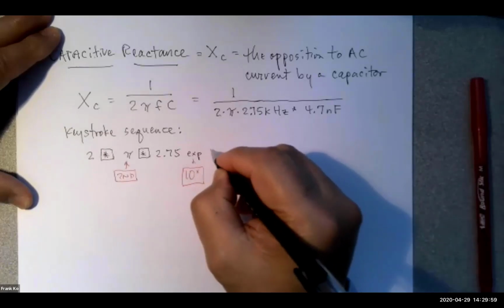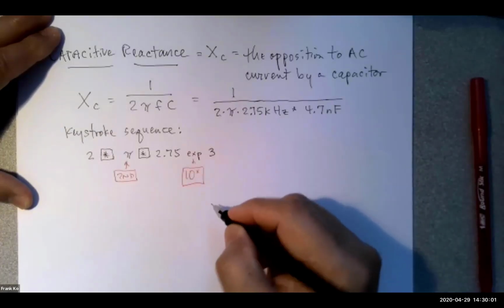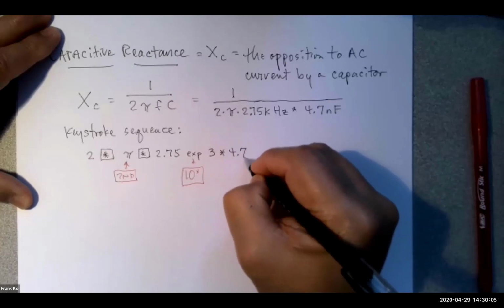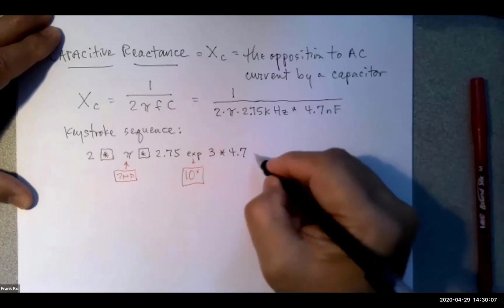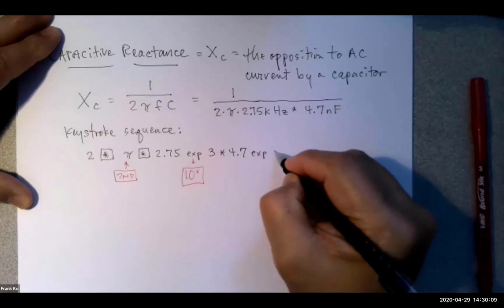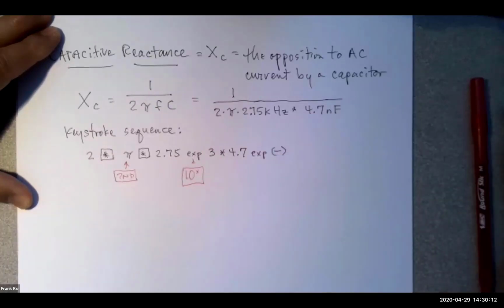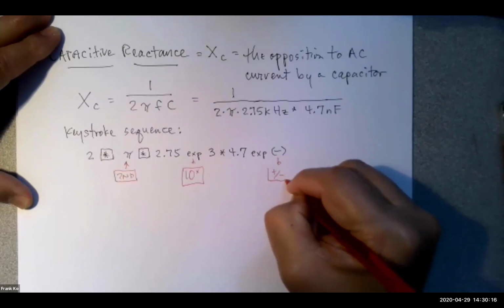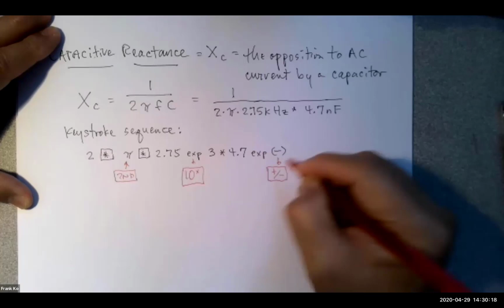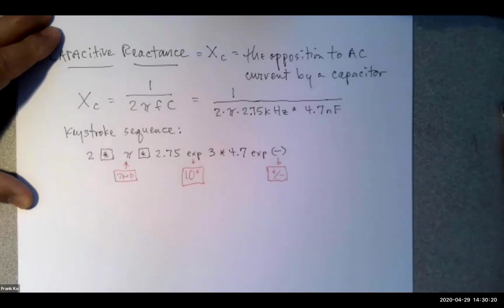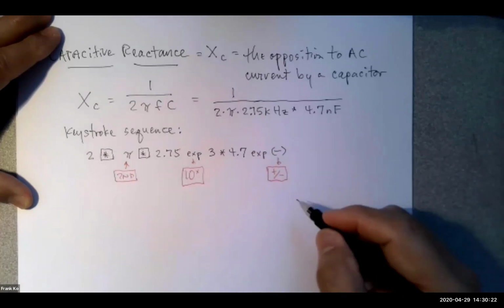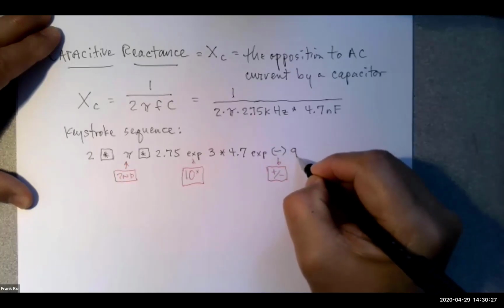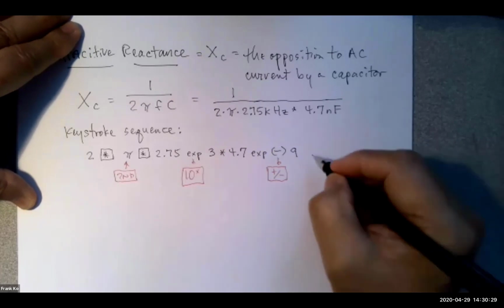You'll have to find which one is yours, power 3. Then we multiply by 4.7, and for the nano, you're going to have an exponent and a change sign. For some of you, that change sign could be a plus/minus key, or simply a minus sign in between parentheses. Nano, if you recall, was power -9. Then you hit equals.